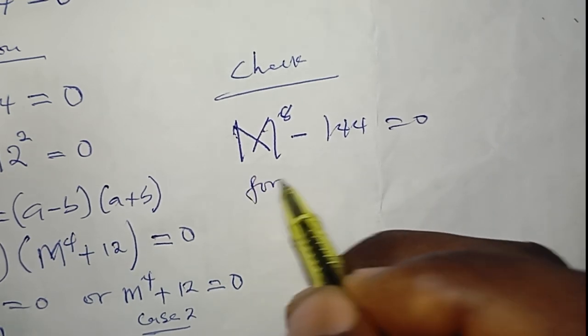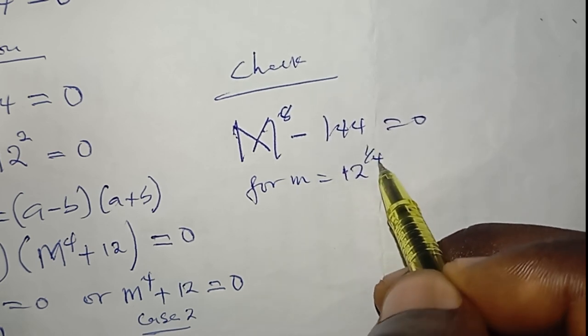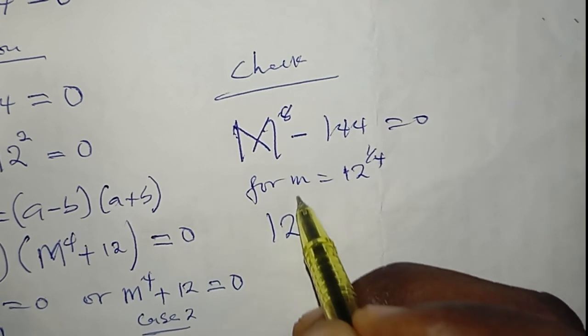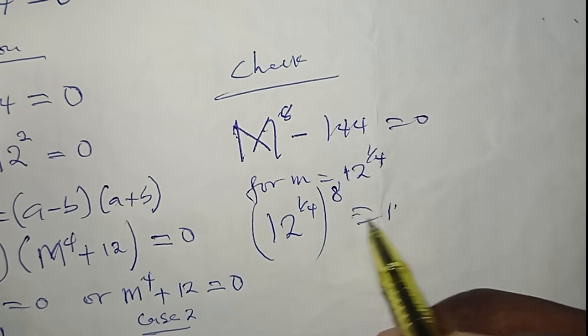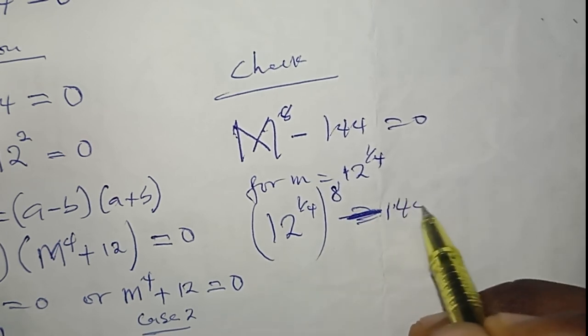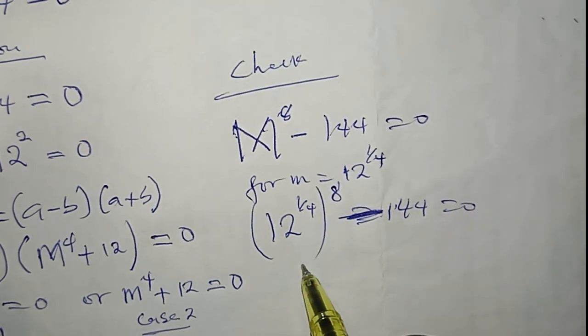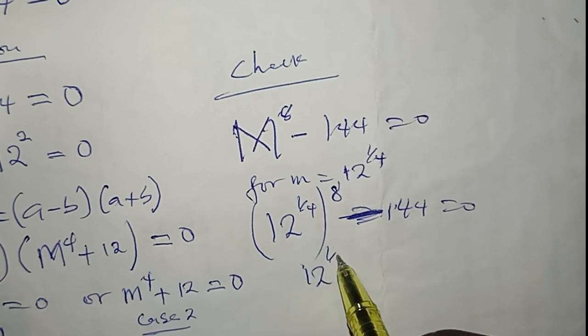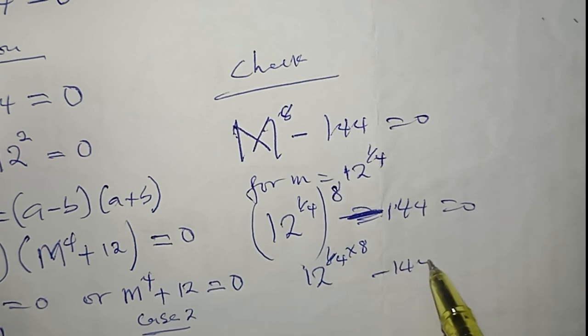For m equal to positive 12 power 1 over 4, we have 12 power 1 over 4, and then power 8, minus 144 is equal to 0. So what I have here is 12 power 1 over 4 multiplied by 8, minus 144 is equal to 0.